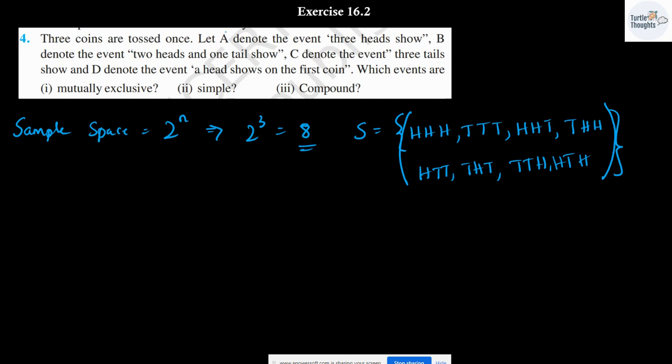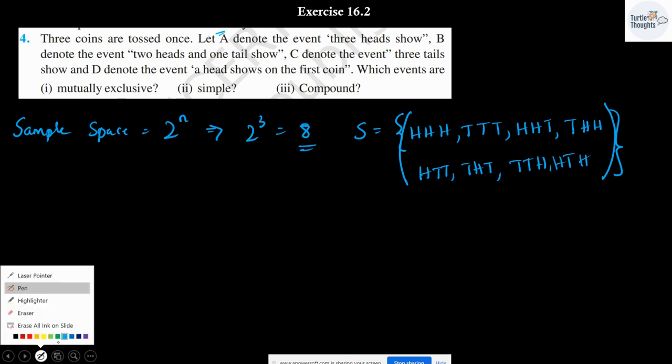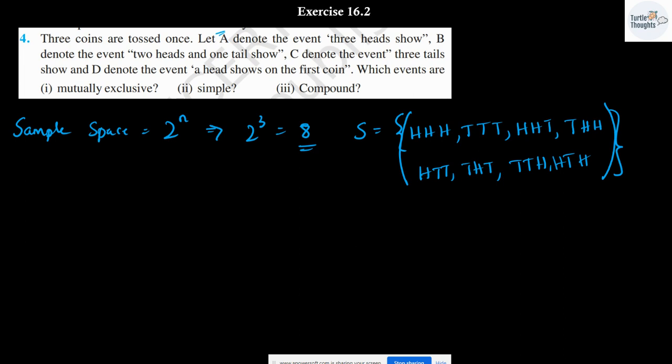Okay. Now, A, B, C, and D are four events. Let me take event A. Event A is three heads show. This one: head, head, head.